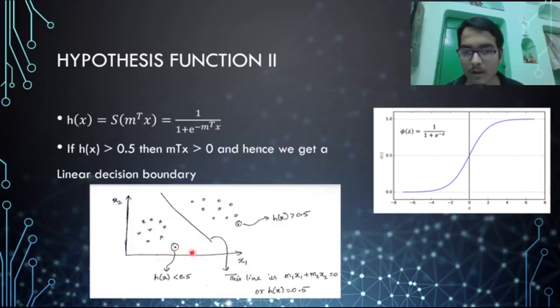Let's say we have two variables x1 and x2, then m1x1 plus m2x2 equal to 0 is the line corresponding to that, and this is h of x equals 0.5. The entire region below this line would correspond to h of x less than 0.5, and the region above this line would be h of x greater than 0.5. So this is basically the feeling, and this is the separation boundary.